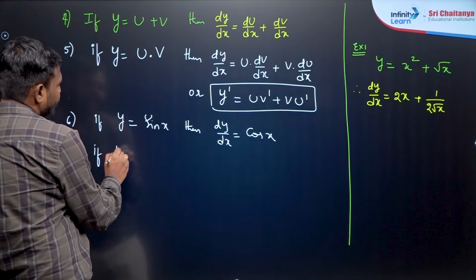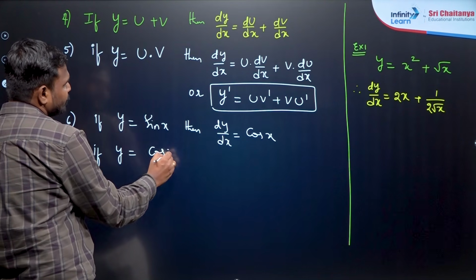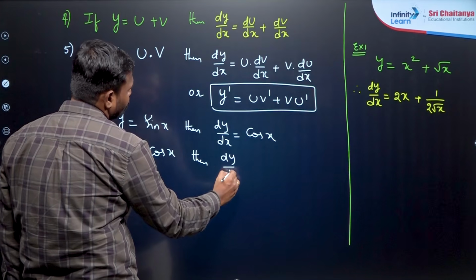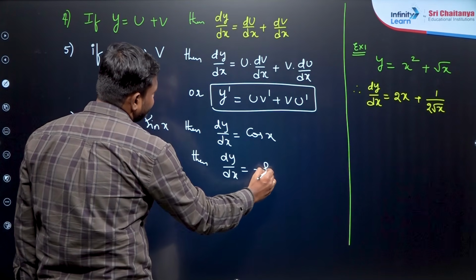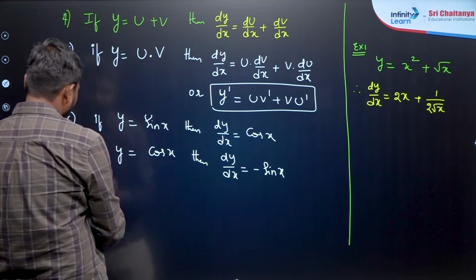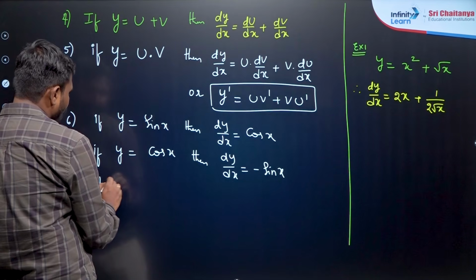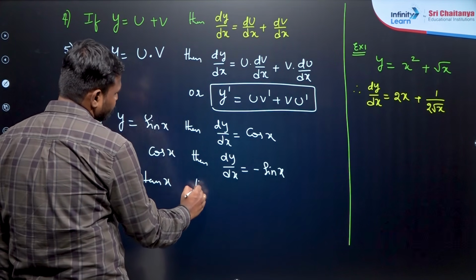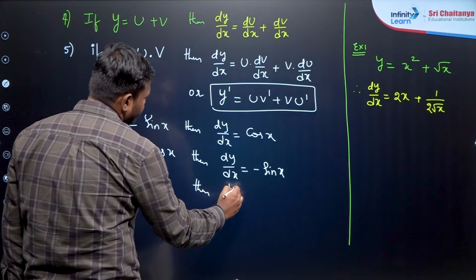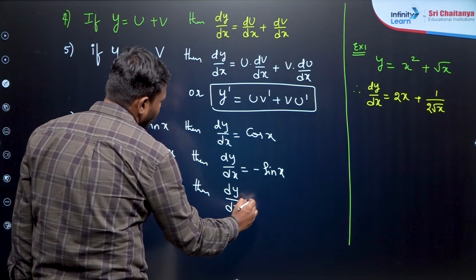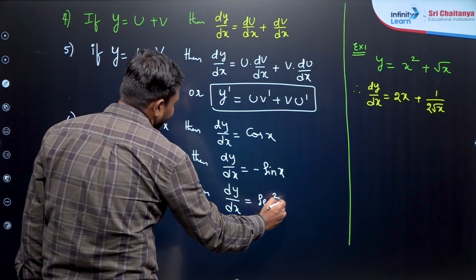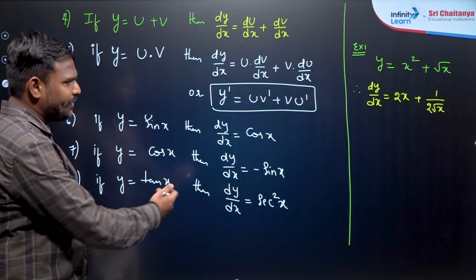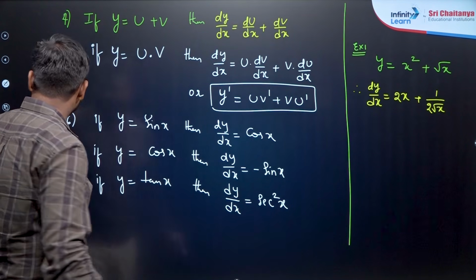If y is equal to cos x, then the derivative of this function would be minus sin x. If y is equal to tan x, then the derivative of this function would be secant square x. Please copy these formulas also, sir. Then we will go to the next slide.